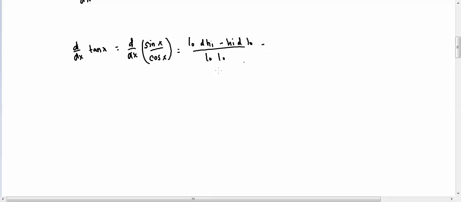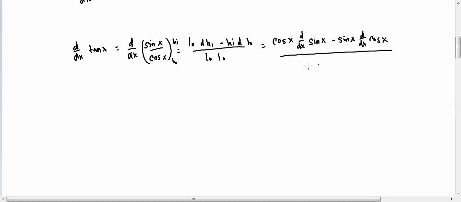What I mean by that is, see the cosine of x, that's low, and the sine of x, that's high. So you have the cosine of x times the derivative of sine of x, minus the sine of x times the derivative of the cosine of x, all over cosine of x squared. And we usually write that like that.